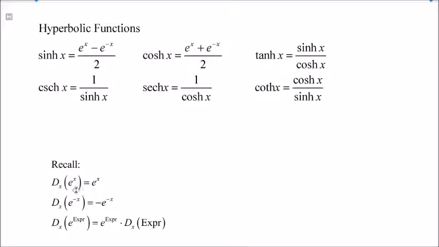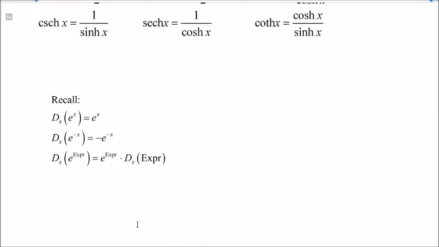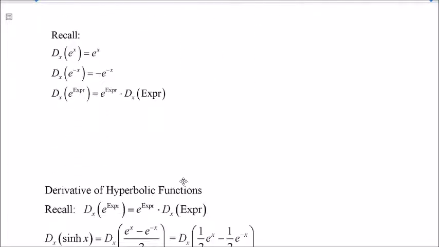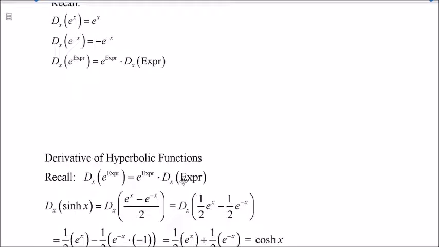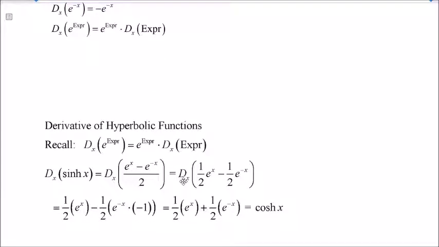Recall that the derivative of e to the x is just e to the x. The derivative of e to the negative x is e to the negative x, and then this is the chain rule right here. So let's do the derivative of the hyperbolic sine.